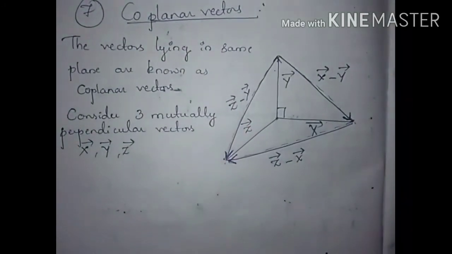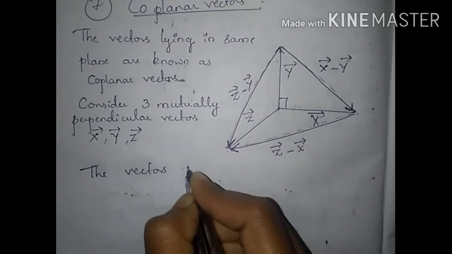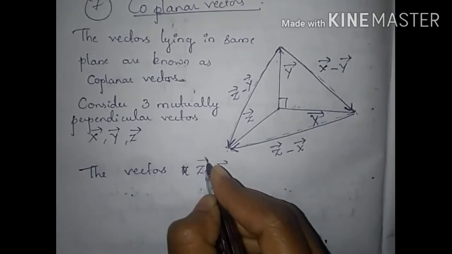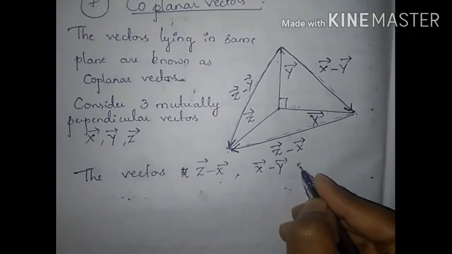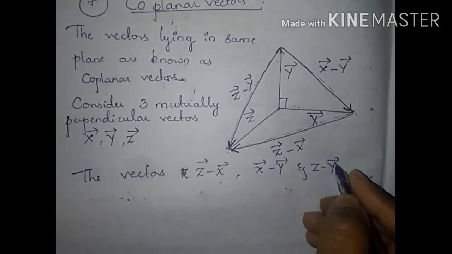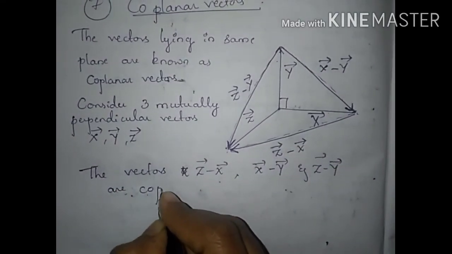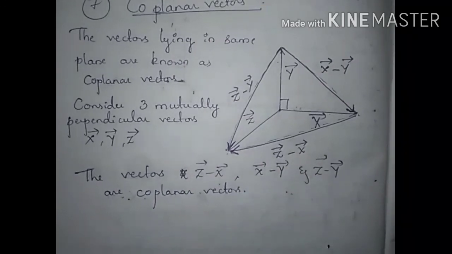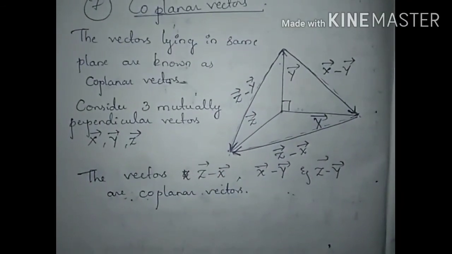So these three vectors, z minus x, x minus y and z minus y, are known as coplanar vectors.